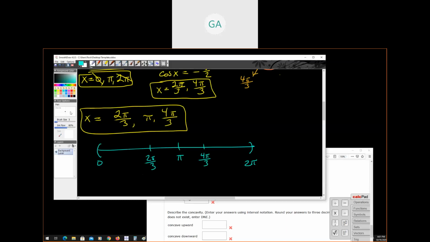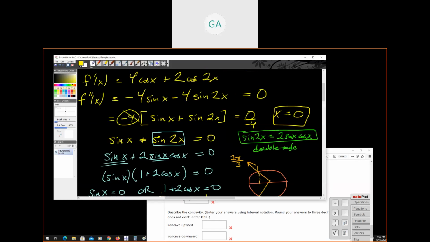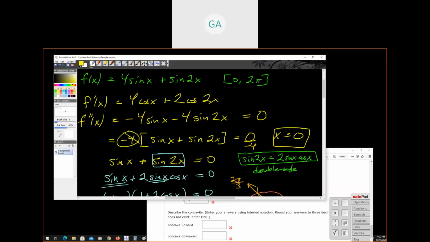So when you plug into the second derivative, what do we get? You have to include the negative signs here. So this has to be negative and then minus a negative.